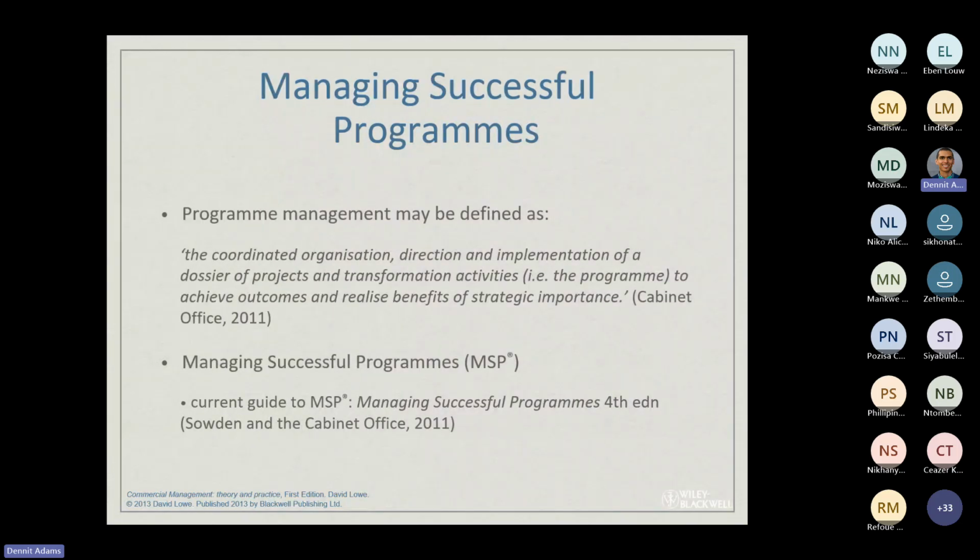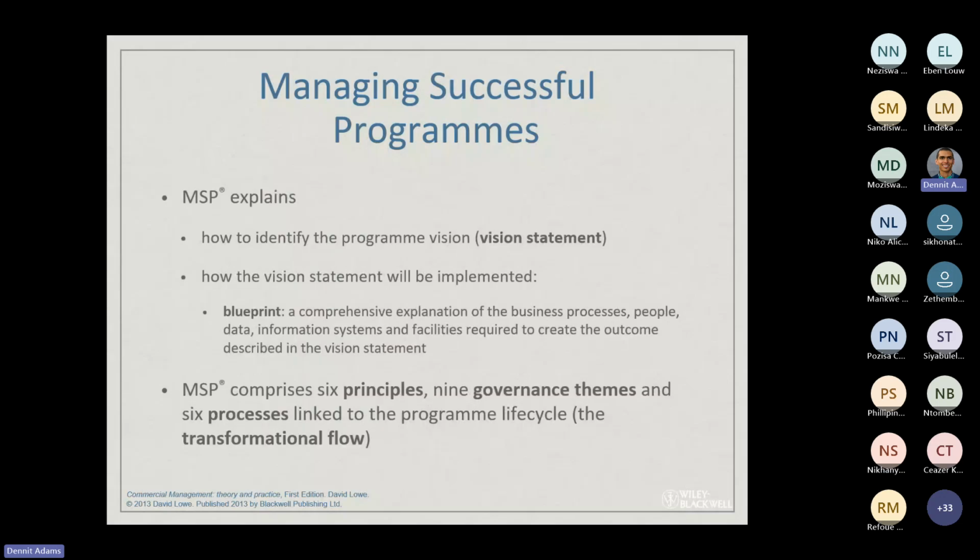This is the second of multiple: Managing Successful Programmes, or MSP, if you want to use the acronym that they use. The current guide to MSP is the 4th edition, and you can get this at the Cabinet Office, 2011. I'm going to browse past this one into this one over here.